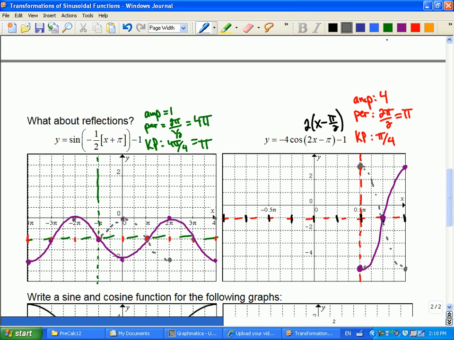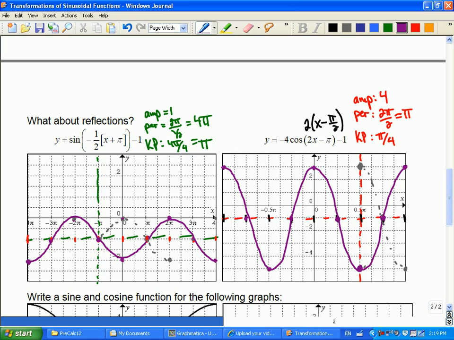Okay. So if I continue the pattern, once you get 2 or 3 points there, you can just follow the pattern for the rest of your graph. So it's going to go middle, then up to the top, then back to the middle, down to the bottom. And there's the rest of the graph.